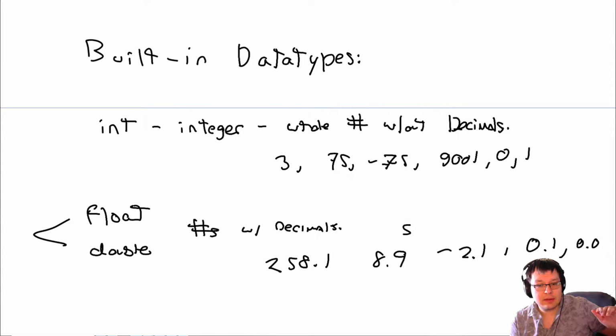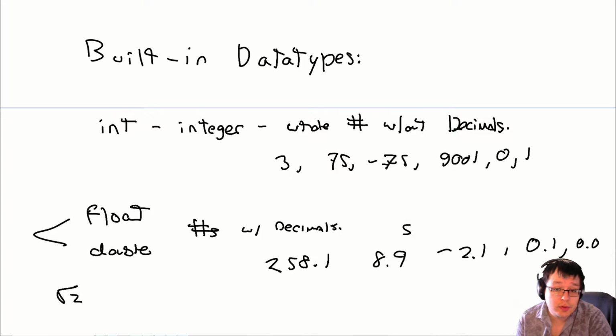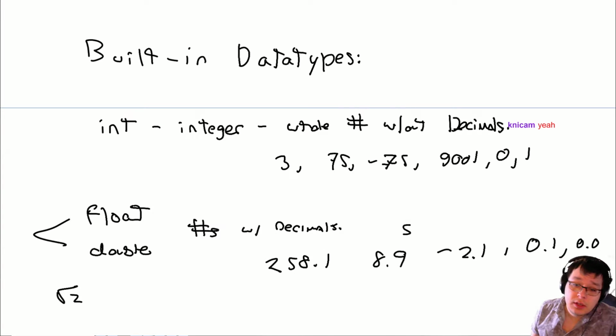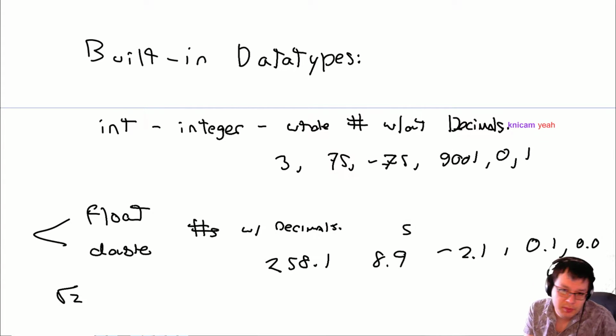You guys agree with me that there are numbers like the square root of 2, which I believe is also an irrational number, which means the digits go on forever. If I ask you to give me the square root of 2 exactly, the only way you can do it is by writing square root of 2 like that. If you try to give me a decimal representation, it's not going to be accurate. You're going to cut off at some point. Just like when we talk about pi, we usually just say 3.14, right?